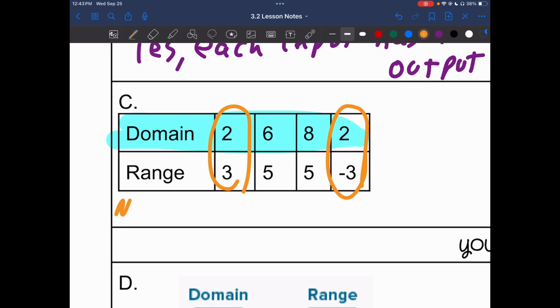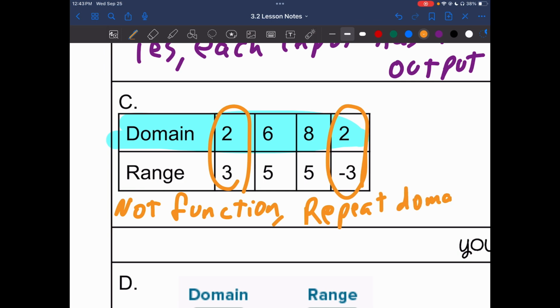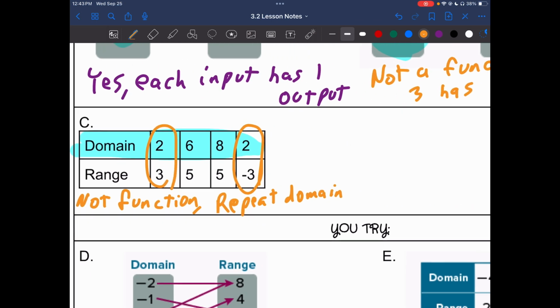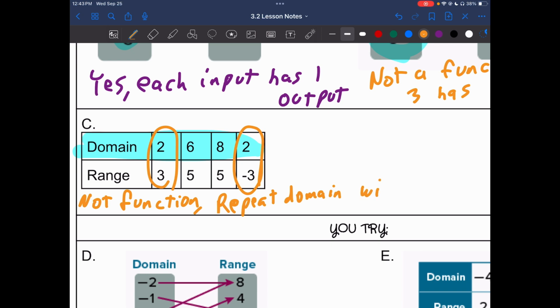So it is not a function, and that is because we have a repeat domain value with different ranges.